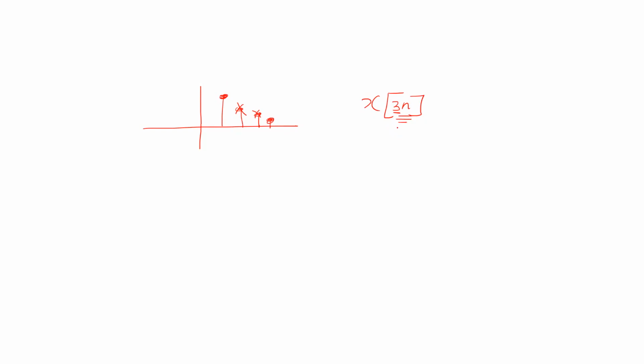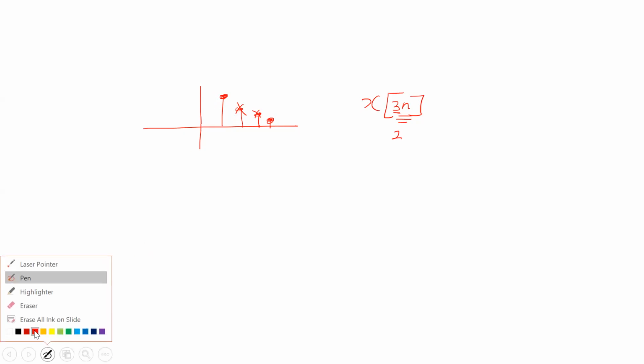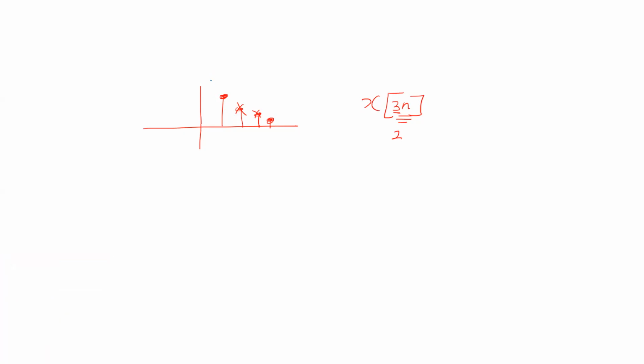So for x3n, if I'm upsampling, it means I'm going to insert 2 samples between each successive one. If I had the original ones here, I'm going to put a value here and a value here, 2 samples. So between every 3, I insert 2. They normally go together.